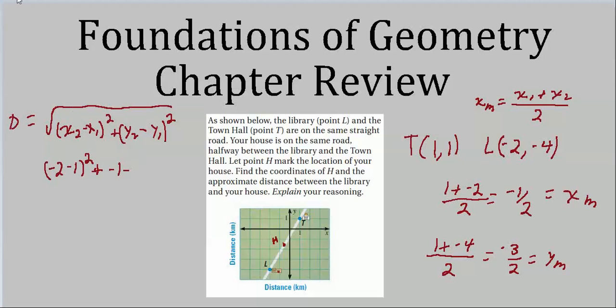Wrong, that's just a plain 1. -4, that's what I was trying to say. -4 minus 1. -2 minus 1. -3 squared. Well, I would say that's 9. -5 squared, that's 25.